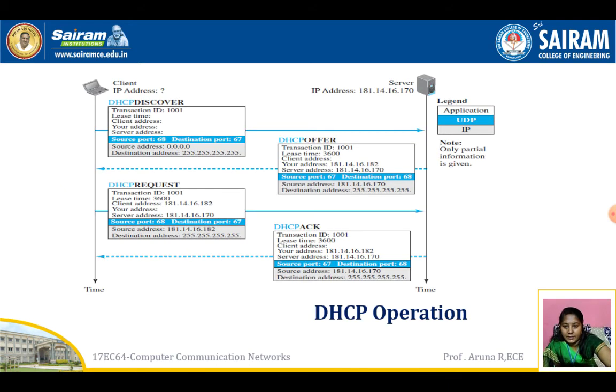Next, an example is given for the DHCP operation, showing how a client is sending information to the server, and from the server how it goes to the client using time and everything. Here the format, as I told you, is the same format we saw previously, and in a similar format data is shown in the operation. So this is about the DHCP operation.